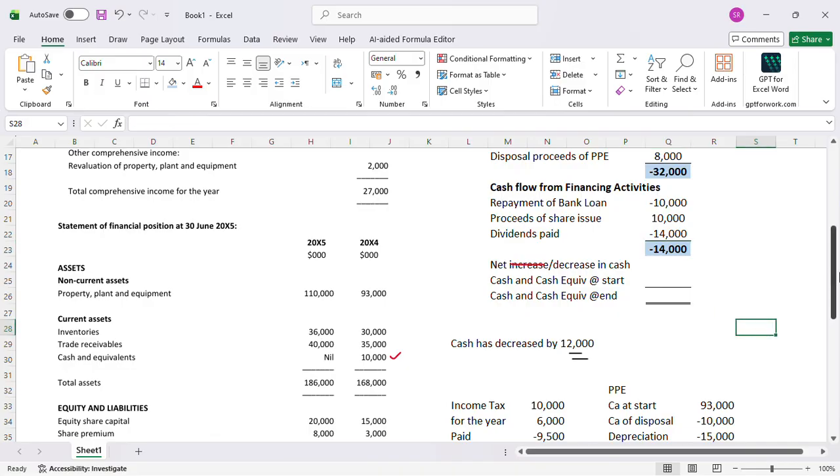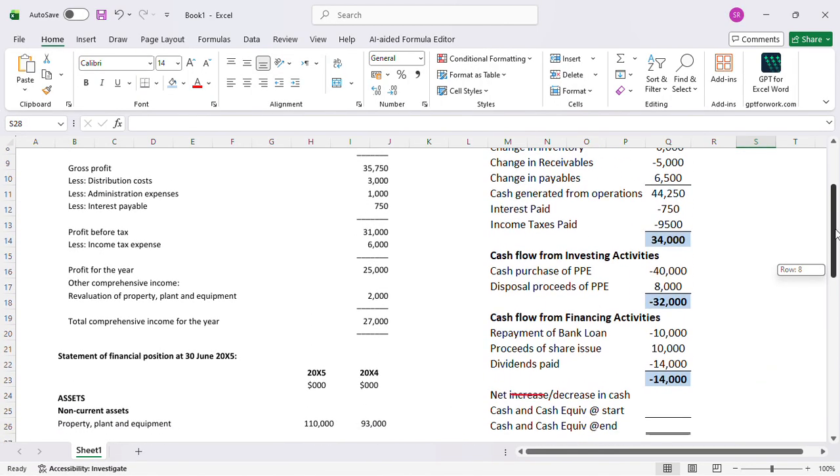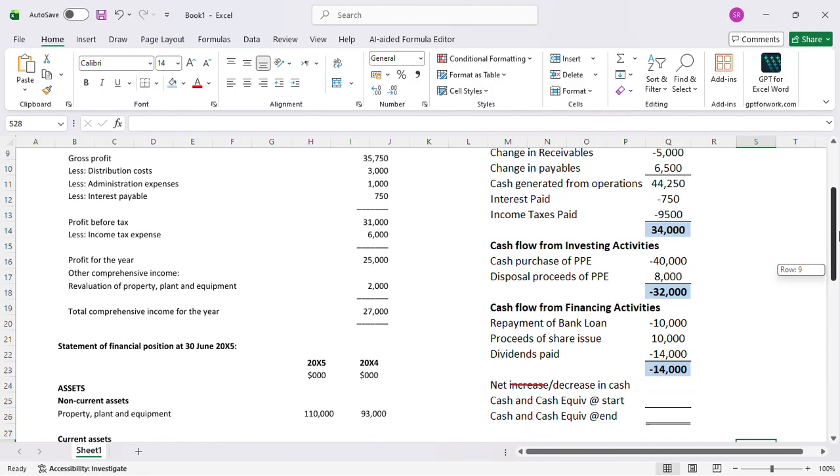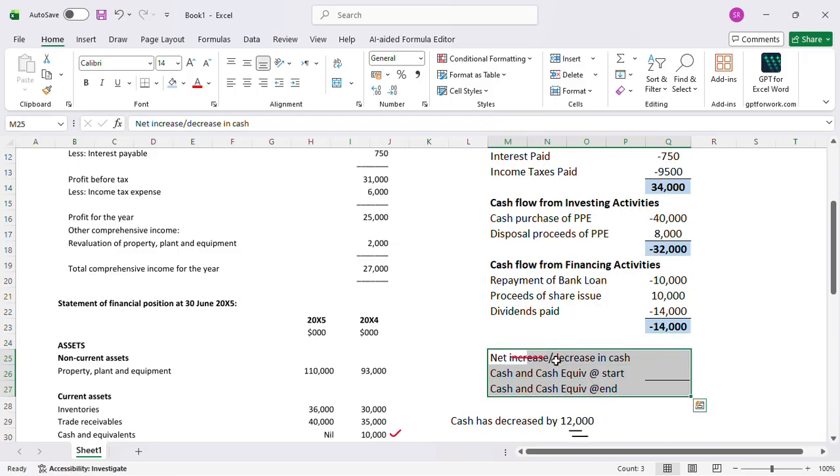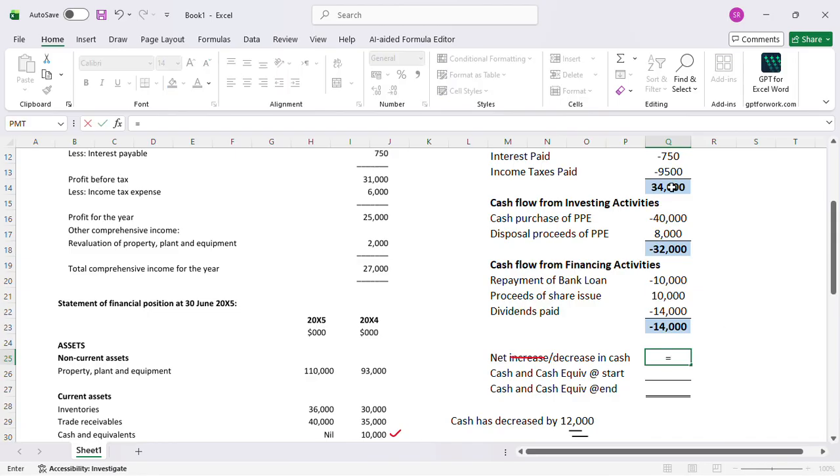Okay. Now, if we account for the cash generated from operations, the cash from investing activities, and the cash from financing activities, it should give us, let's move this down slightly, the net decrease in cash, which we have already calculated of 12,000. Does it do that? Moment of proof. So cash generated from operations plus cash from investing activities plus cash from financing activities.